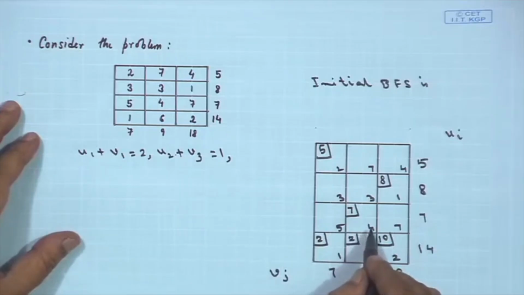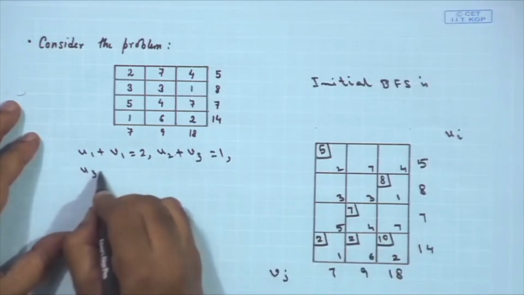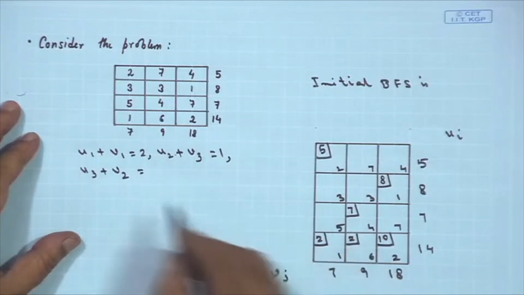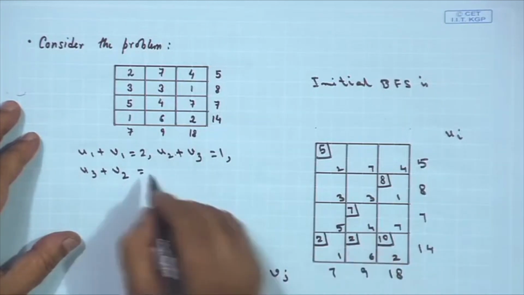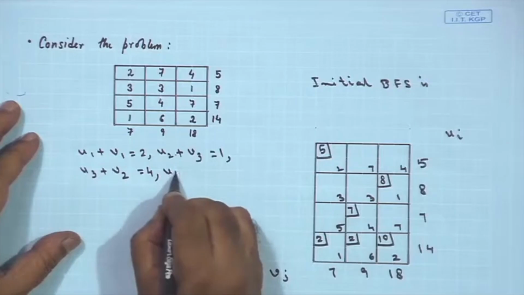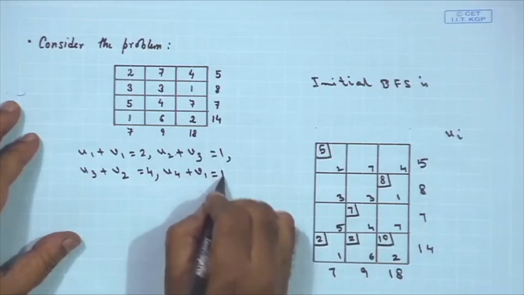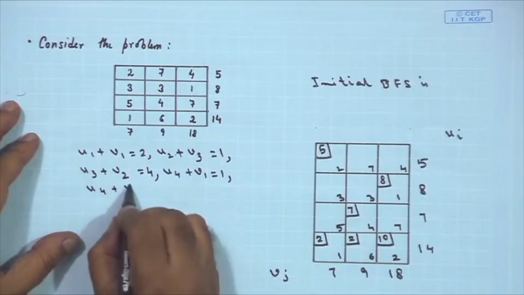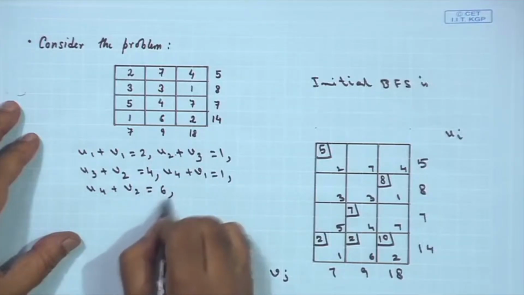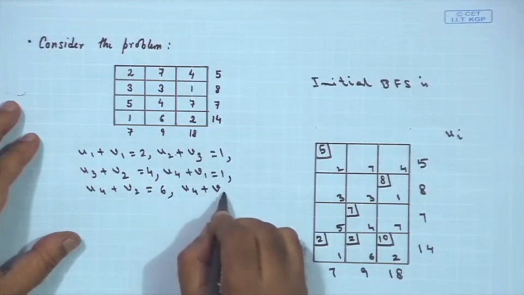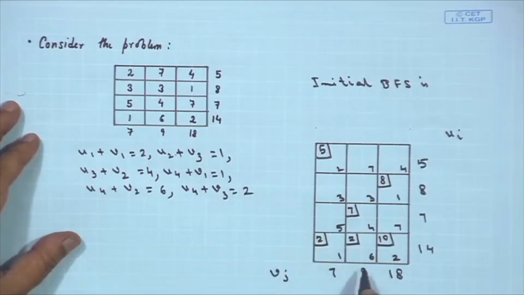Next, u3 plus v2 equals 4. Next is this cell, which is u4 plus v1 equals 1, then u4 plus v2 equals 6 and u4 plus v3 equals 2.